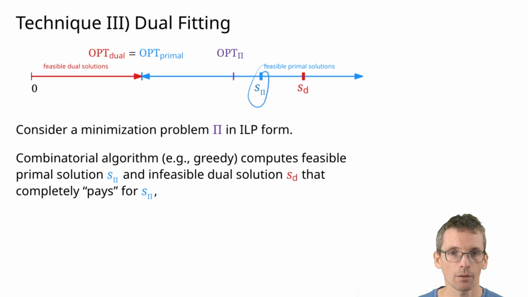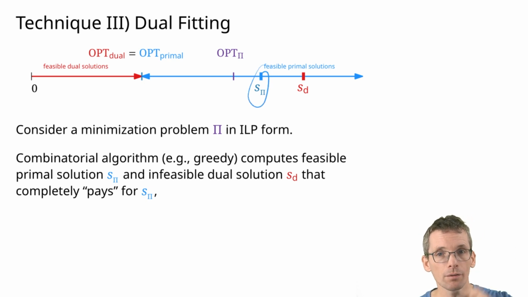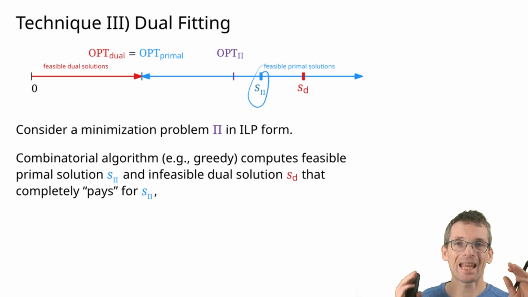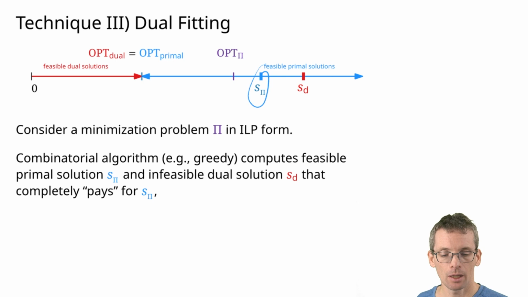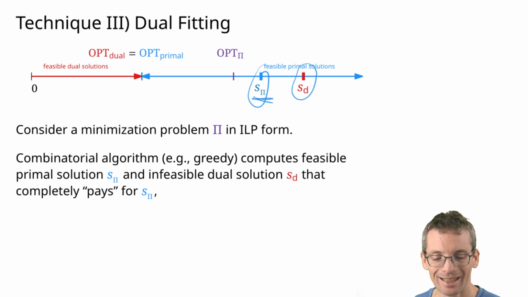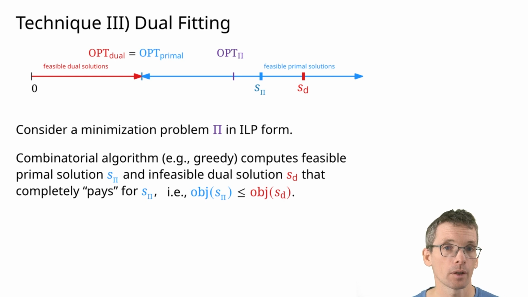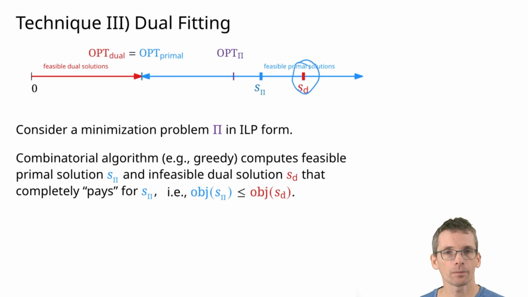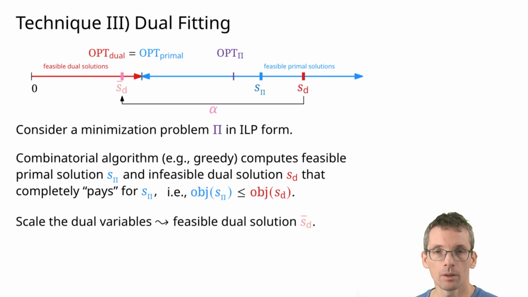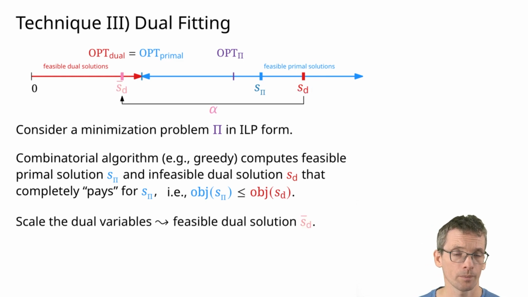And with that feasible primal solution, I get an infeasible dual solution, which pays for the primal solution in the sense that its objective value is at least as large as the objective value of the primal solution. We're now going to take this infeasible dual solution and scale it down linearly to get a feasible dual solution.